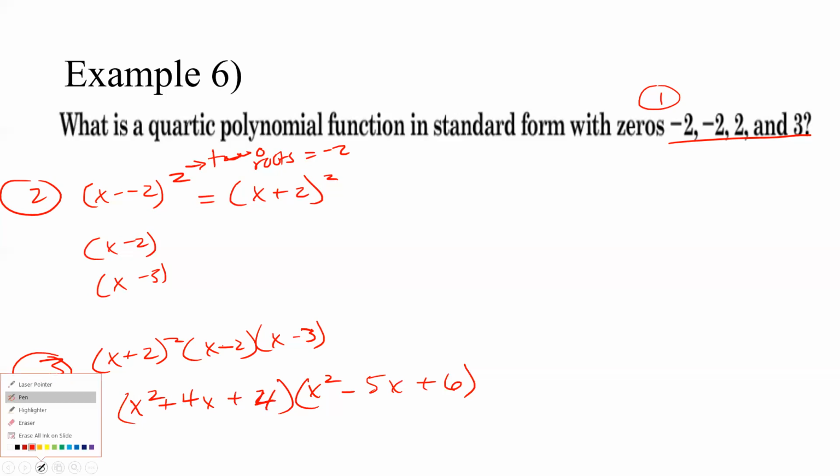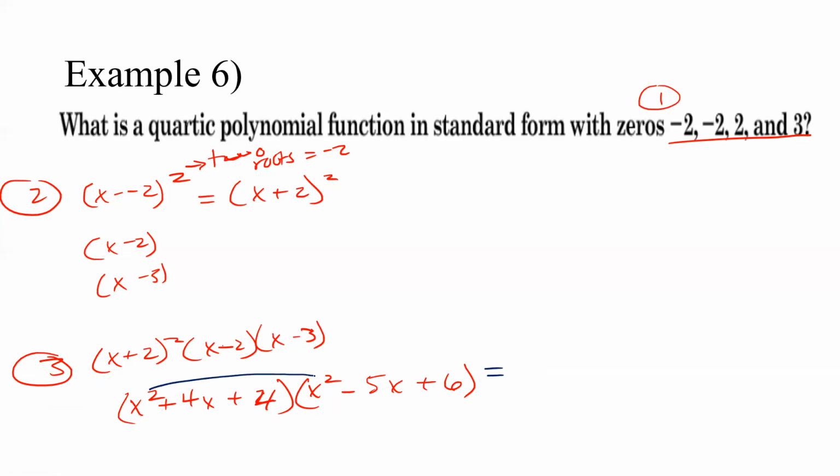And now I have a trinomial times a trinomial. Remember, you can either do vertical, then horizontal, traditional multiplication, or you can do the box.